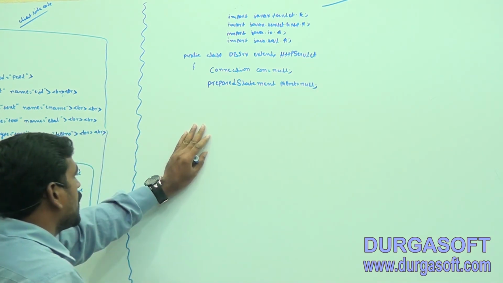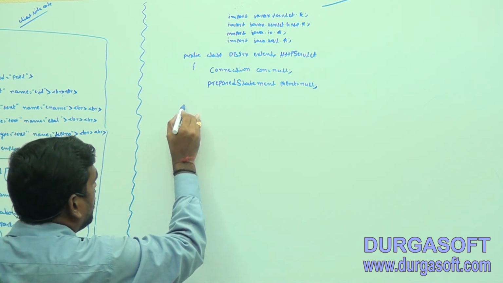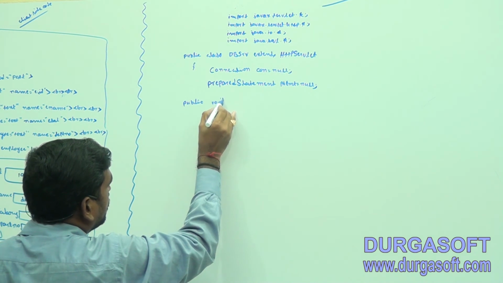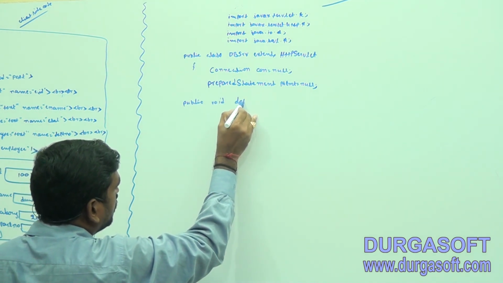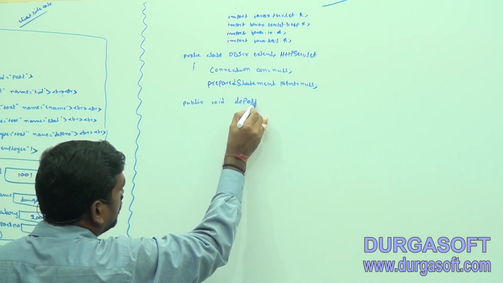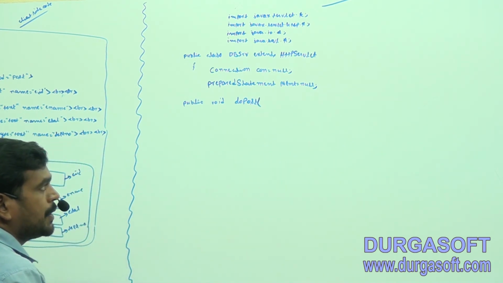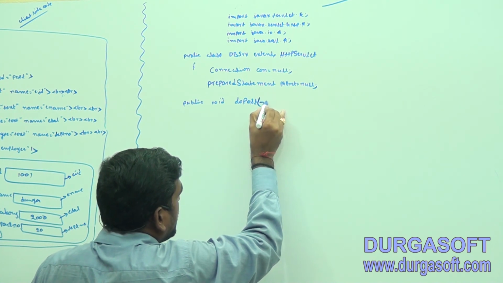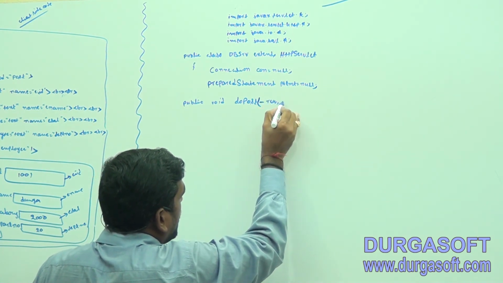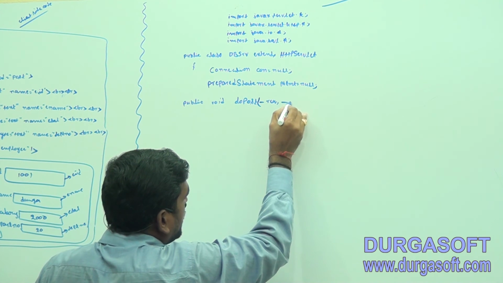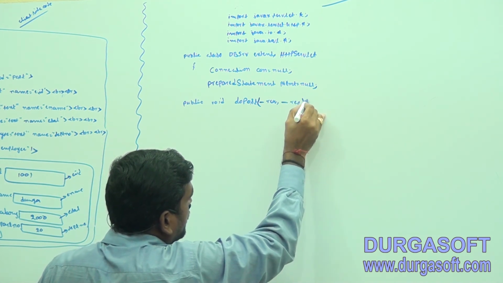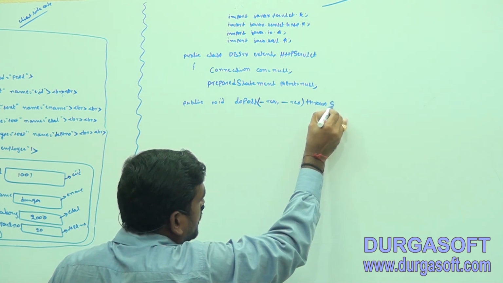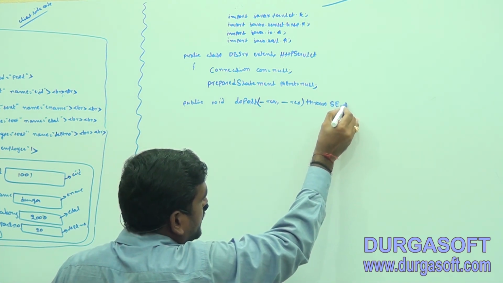After that what we have to do? We need to take public void doPost, under that HttpServletRequest req comma HttpServletResponse res. Then throws ServletException comma IOException.